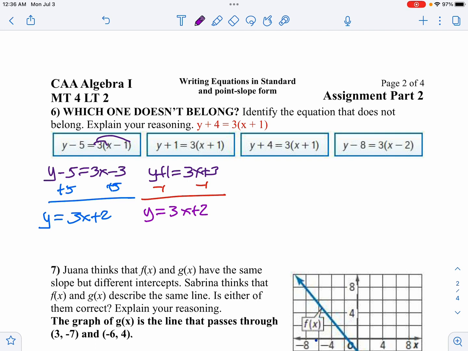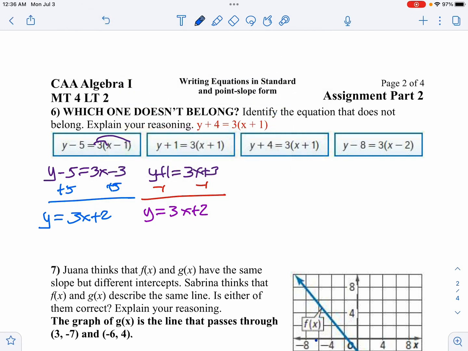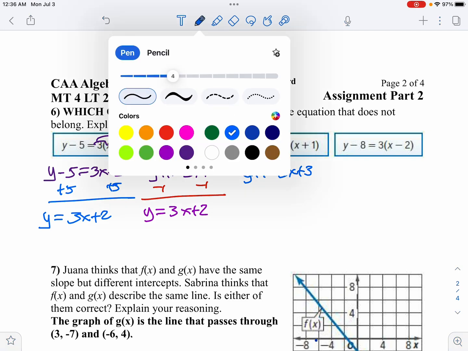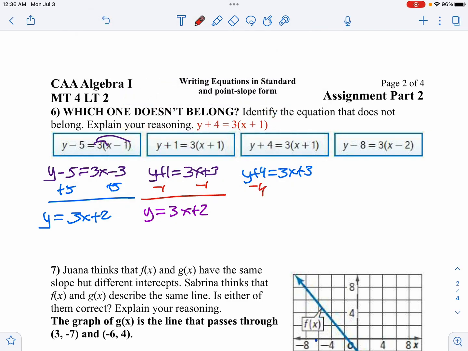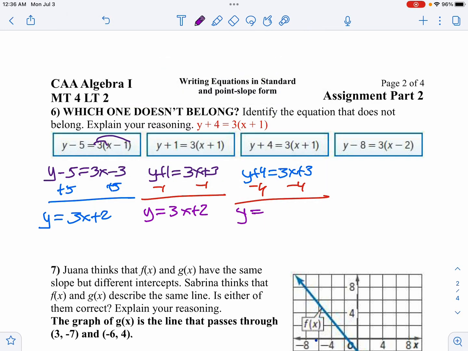Let's take a look at our third line. In our third line, we have y plus 4 equals 3x plus 3, and we'll subtract 4 from both sides, and we'll get y equals 3x minus 1. That seems to be our different one.